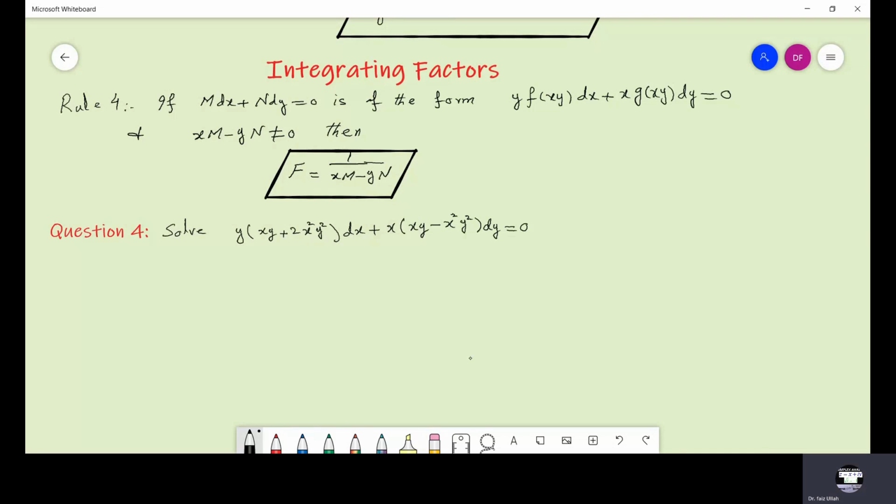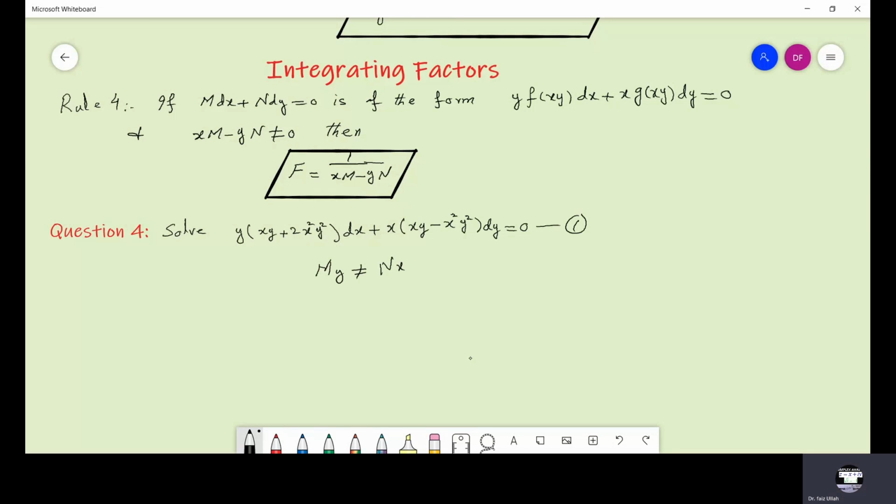To solve question number 4, it is easy to confirm that my is not equal to nx, which means that equation number 1 is not exact.